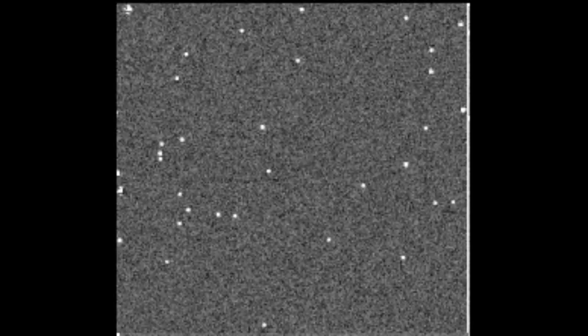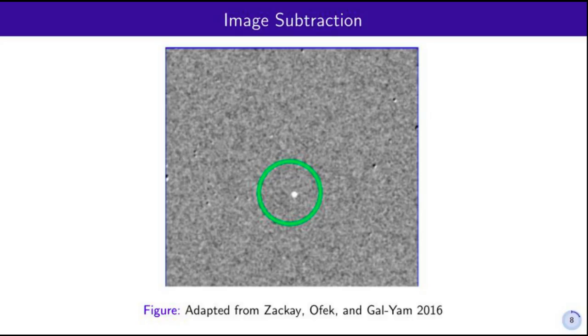So as a human, we're kind of good at pattern recognition, so we can see when something changes in this grouping of stars. But we have too much astronomical data to do this manually. So instead, we use a technique called image subtraction. If you just put one image on top of the other and subtract the pixel values, then anywhere there's an excess amount of light will not be subtracted away, basically.